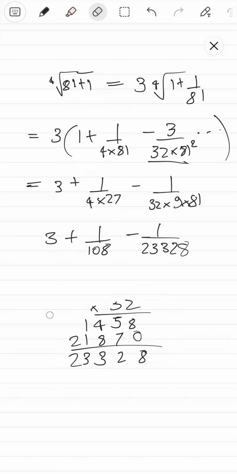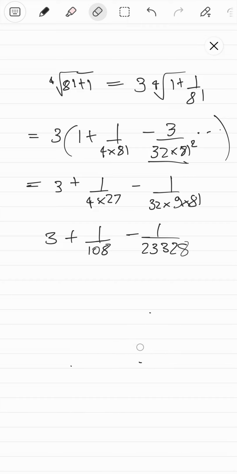So 1 upon 108 is approximately 1 upon 100, so you can see it's 3.01, and then minus whatever this thing is, which is really small actually. So I guess 3.01 is a good approximation.